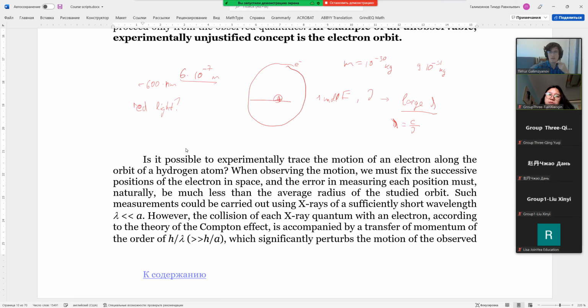And what is the size of the atom? Here I can be mistaken a lot, but it should be about 10 to minus 12 meters.